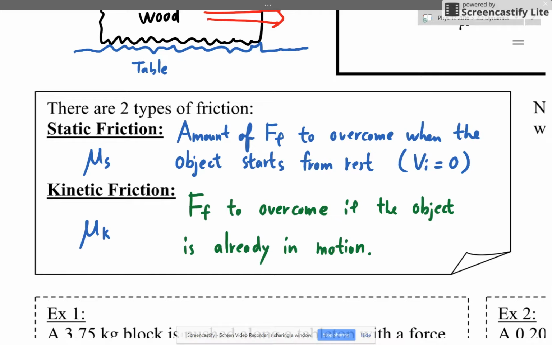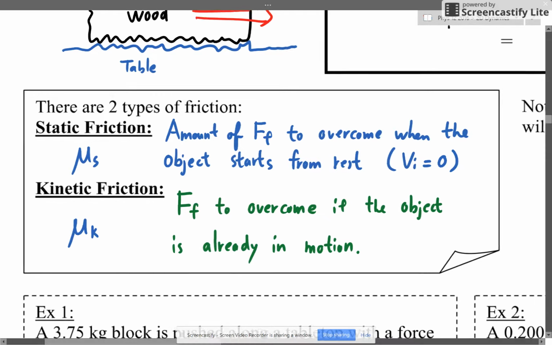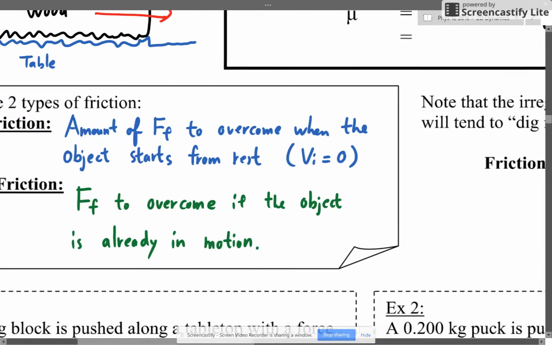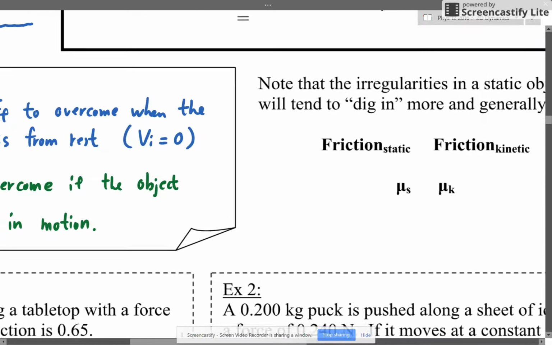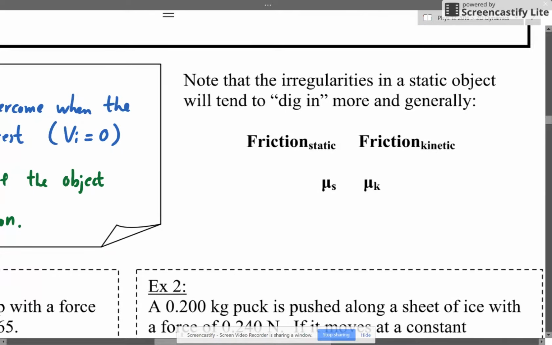Now we are just going to do a few examples and see how much we remember from last year.